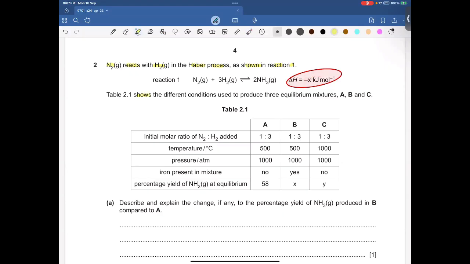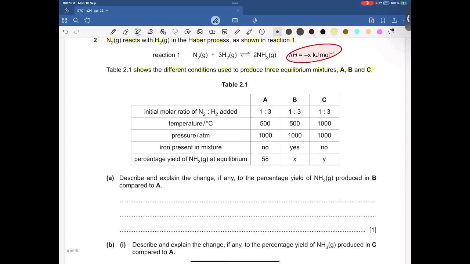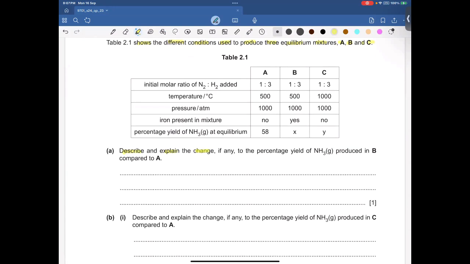Table 2.1 shows the different conditions used to produce these equilibrium mixtures A, B, and C. Describe and explain the change, if any, to the percentage yield of ammonia produced in B compared to A. So the molar ratio between reactants is same, temperature is same, pressure is same. So if under these conditions yield is 58%, obviously under this condition yield will remain 58%, okay?